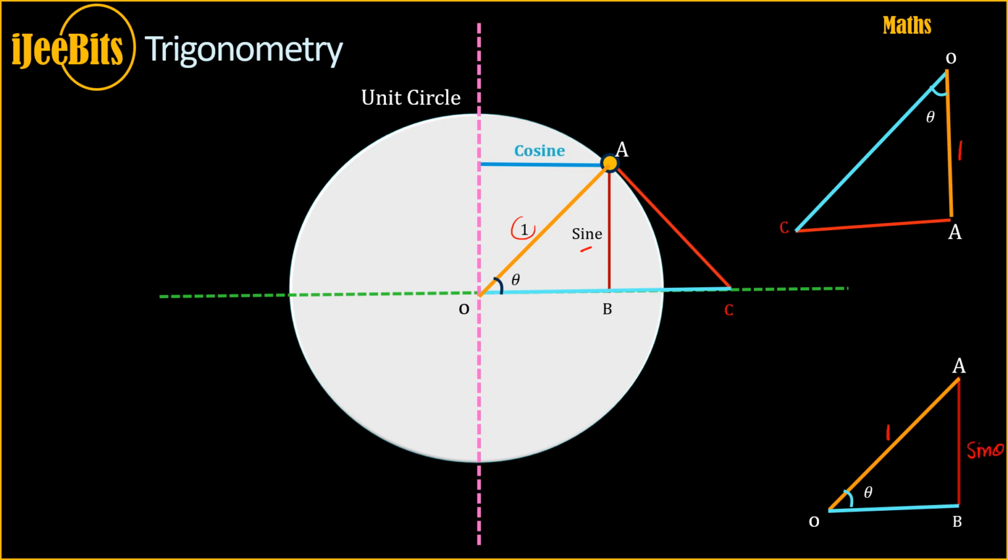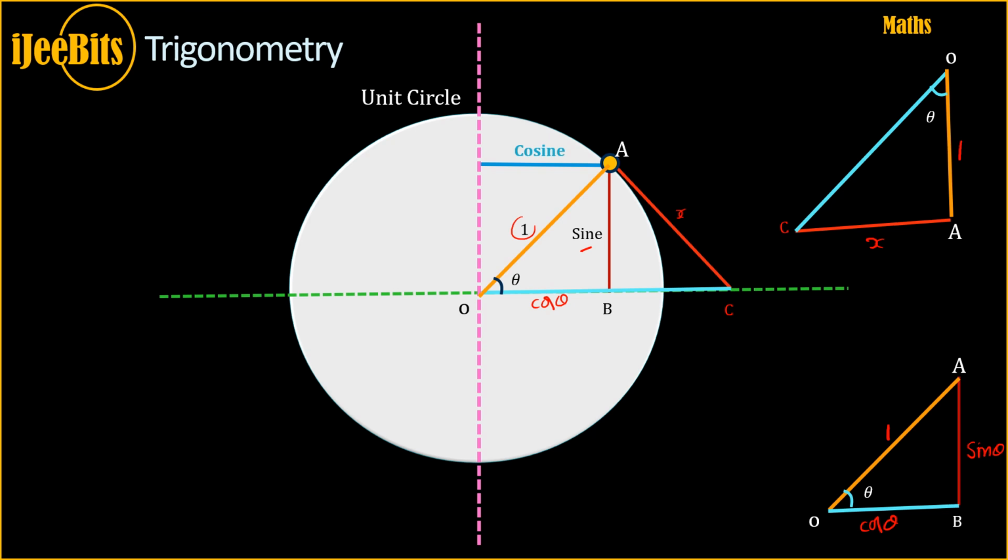And OB is cos theta, so I will put cos theta here. What is unknown? AC is unknown. So you can see both triangles, and then you can compare them using the triangle law of similarity.